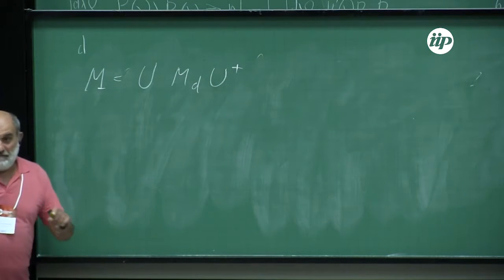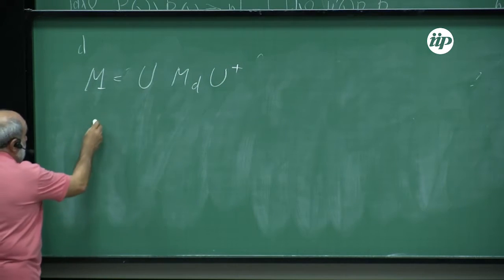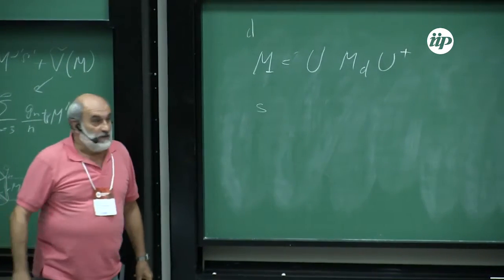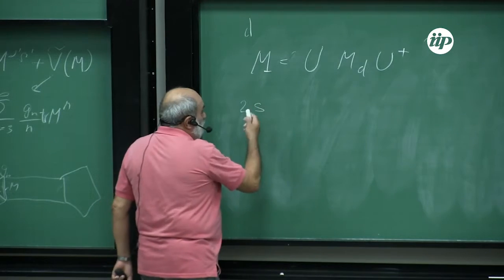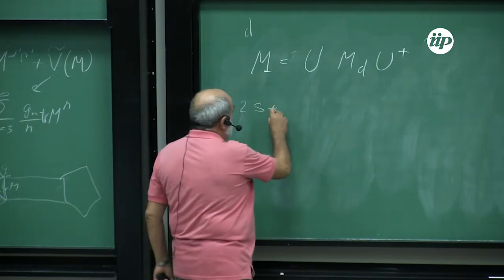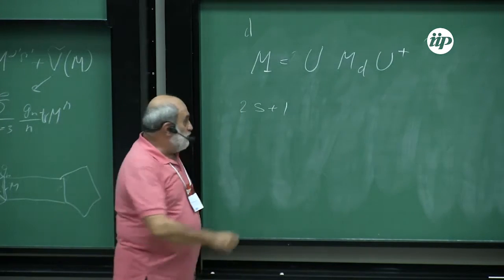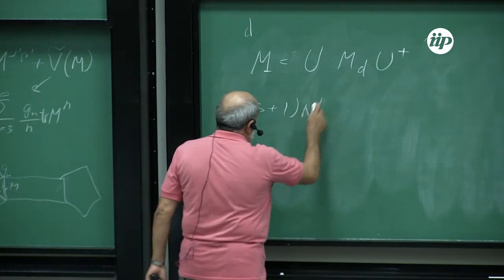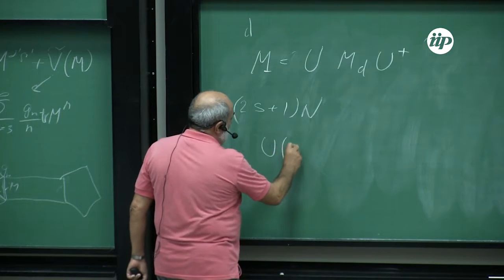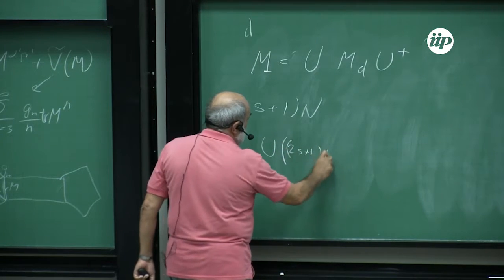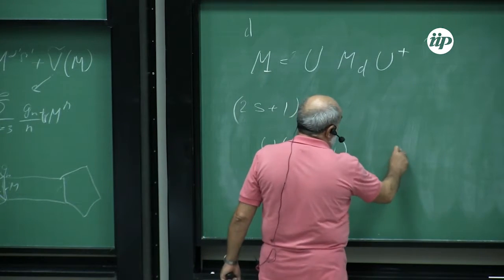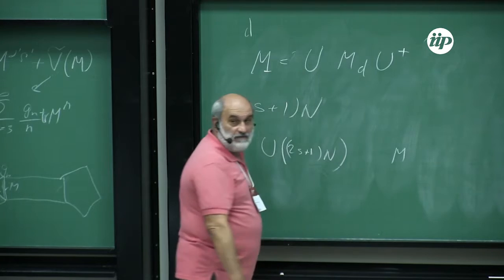So first, suppose we have the spin S model. The linear space where the spins are acting is 2S plus 1 dimensional. So I am introducing large N somehow, considering the unitary theory of 2S plus 1 multiplied by N, and considering Hermitian matrices from this algebra.